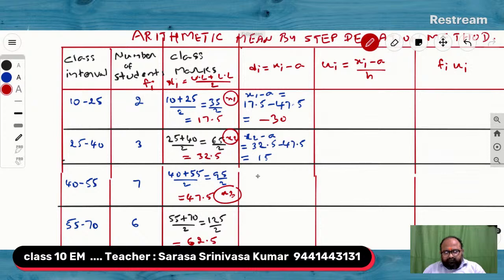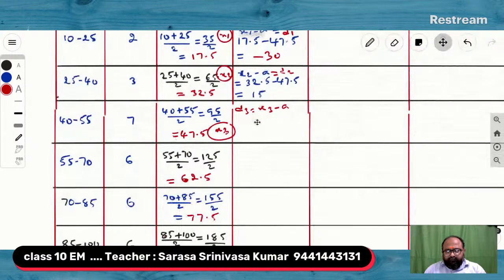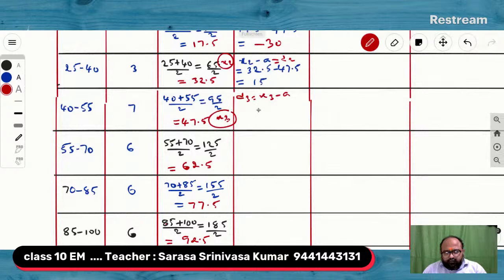So next we find d3. d3 equals x3 minus a, which is 47.5 minus 47.5 equals 0. So this is d3.